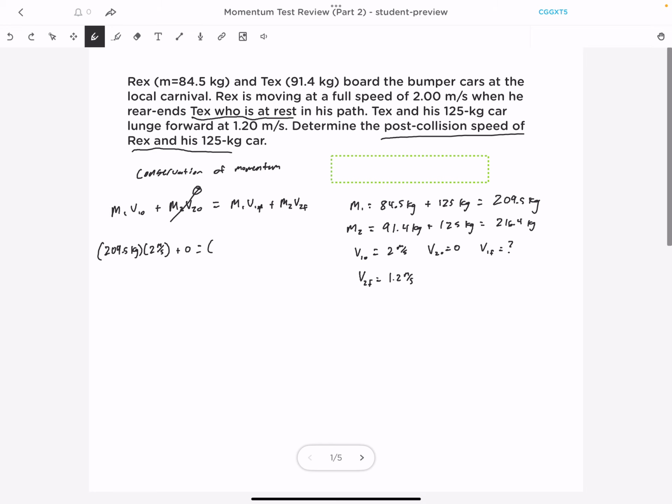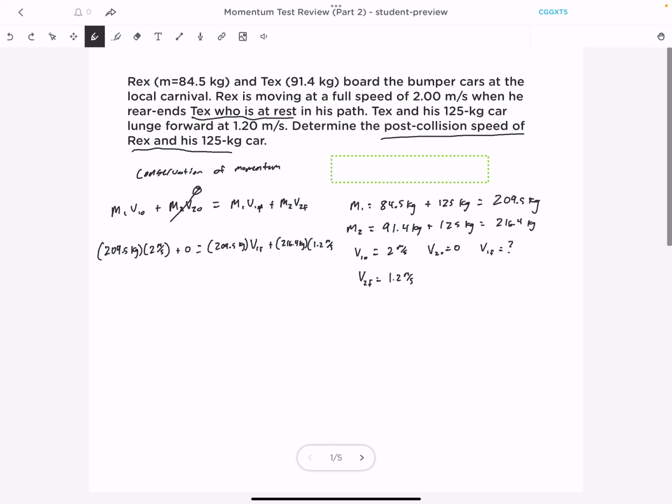So we have Rex here, m1 is 209.5 kilograms times v1f plus the momentum of Tex after the collision. So it's 216.4 kilograms times v2f, right? So v2f is going to be equal to 1.2.